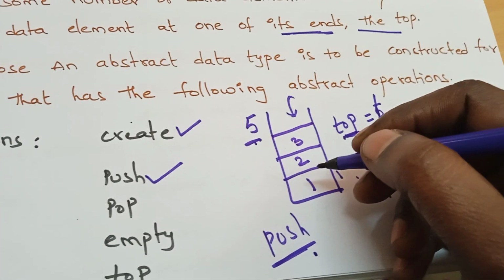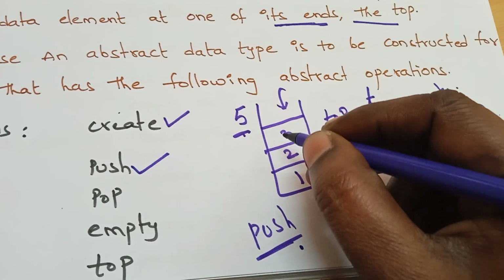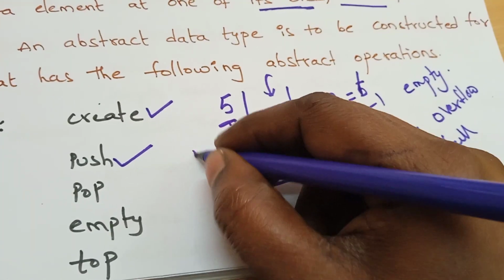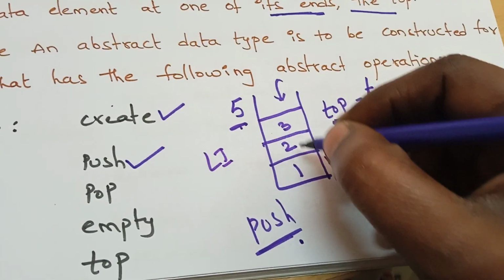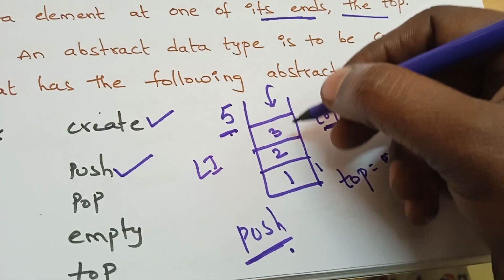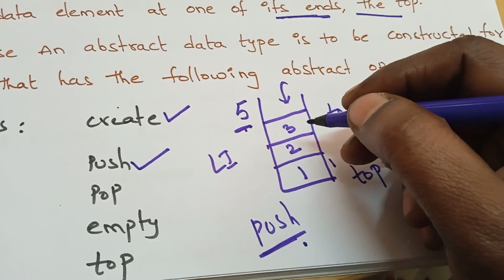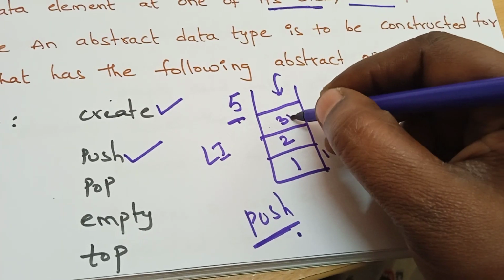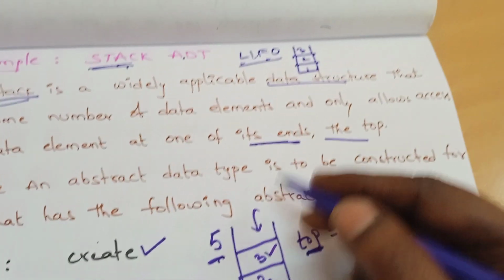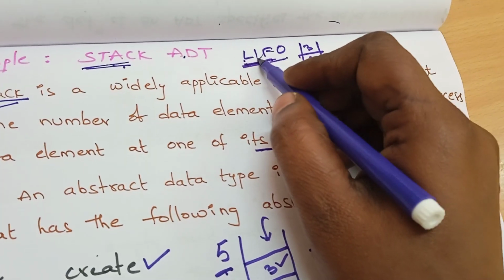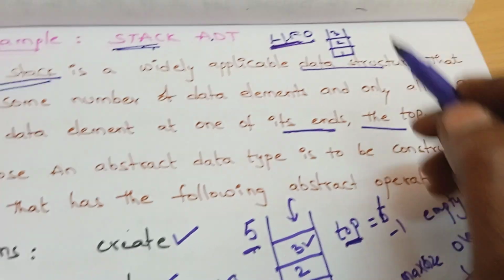Now I have just pushed three elements, and the last in is 3. Among these 3, which element is last inside? The 3 element is last in. Which element will be taken out first? The 3 element is taken out first, and that is why a stack is called LIFO order, last in first out.